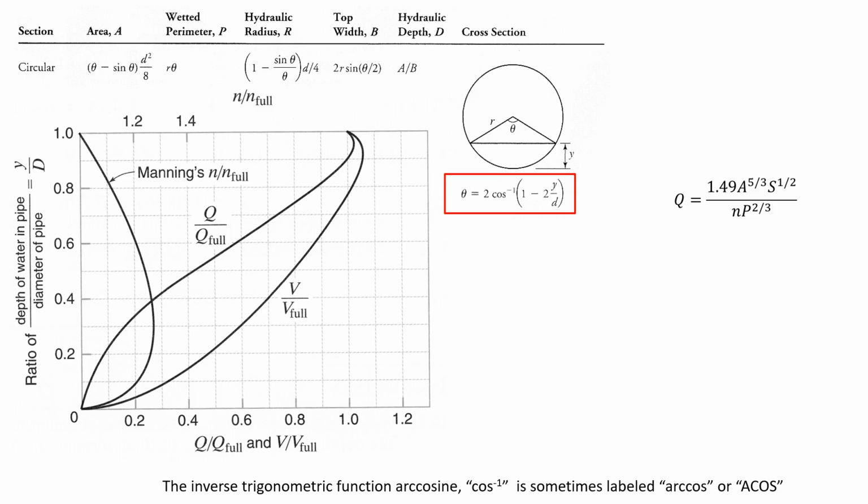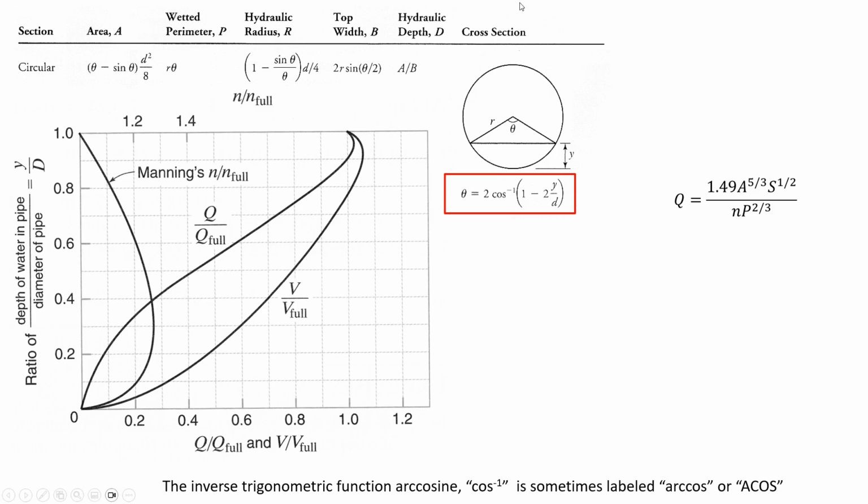If you multiply 0.013 by 1.25, then that tells you that the N value for a concrete pipe that's half full would be 0.01625. So the roughness value, the effective roughness, is higher if the water isn't all the way in the pipe. So that's one of the things that's being illustrated in this figure.